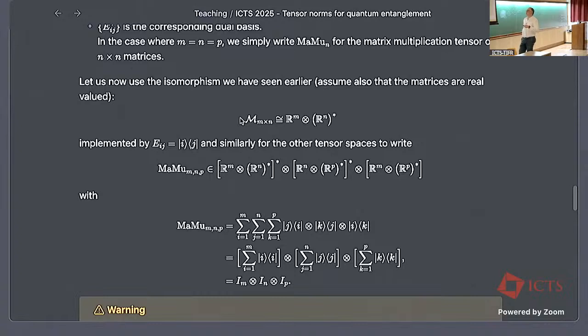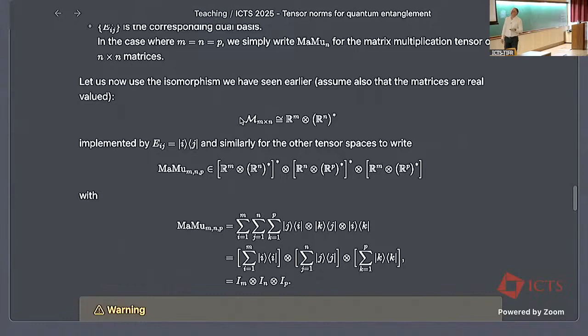Then you see this is also a tensor product. The bras correspond to R^m, R^n, R^m, and the kets correspond to the dual spaces. So I have 6 tensors here, and I can bunch them and permute them. So I can take this bra i here and the ket i here, and I can sum over i separately, sum over j separately, and sum over k separately.